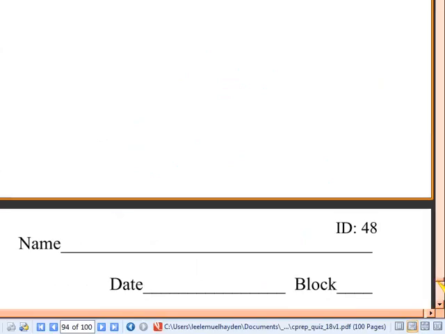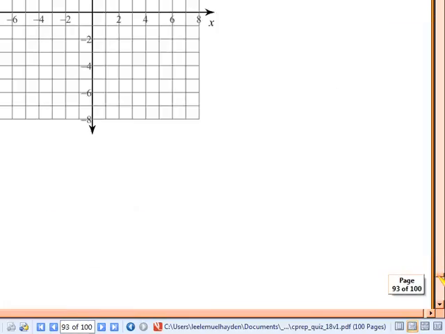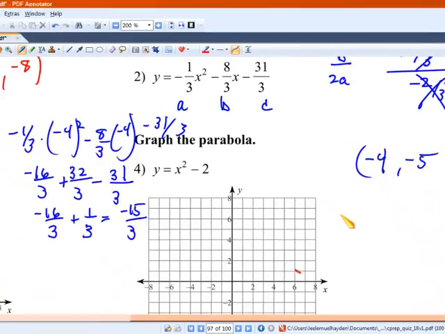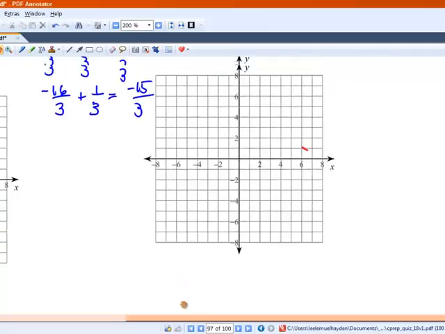So that means on either side, I'm going to have, where is my problem? Oops.